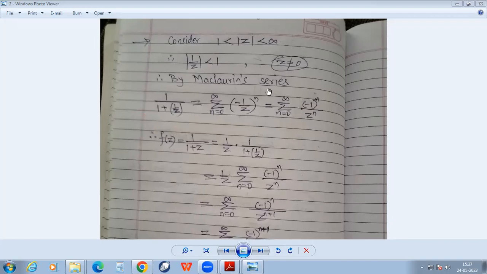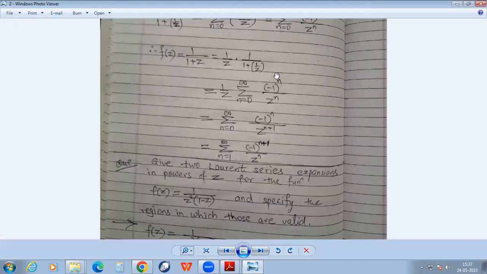So 1 by z you are multiplying out, so you can take it within the summation. It becomes z raised to n plus 1. Because you are beginning with n with 0, how would you change it? If you want z raised to n, then you have to replace n by n minus 1.